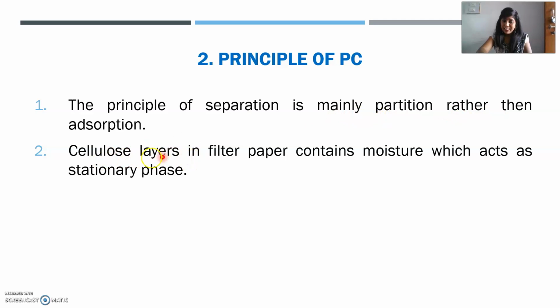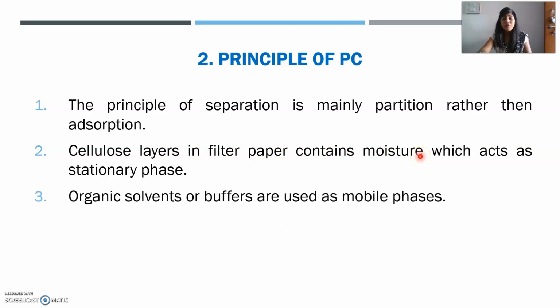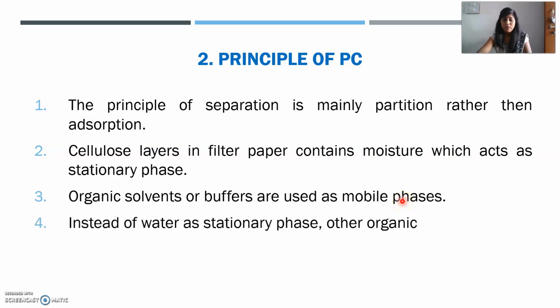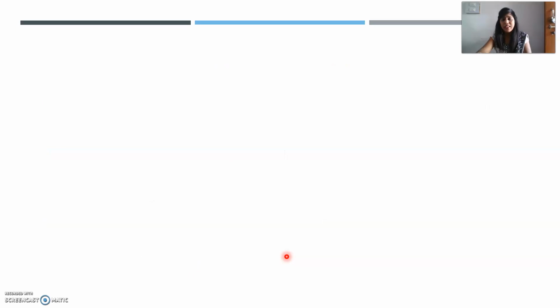Why? Because the cellulose layer present on the filter paper, which contains water, moisture, acts as a stationary phase, and other organic solvents or buffer solutions can be utilized as a mobile phase. Now see, in case of water as a stationary phase, other organic solvents can be utilized by suitable modifications as per the requirement of the component to be analyzed.